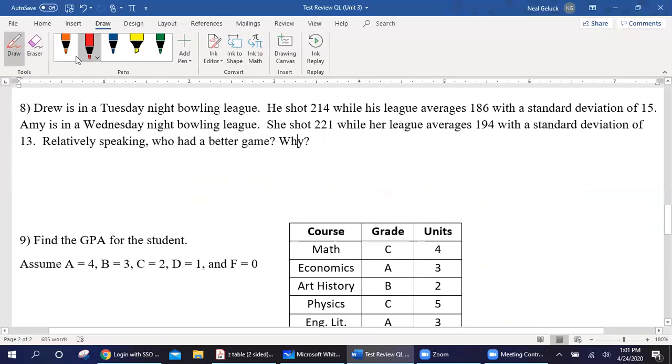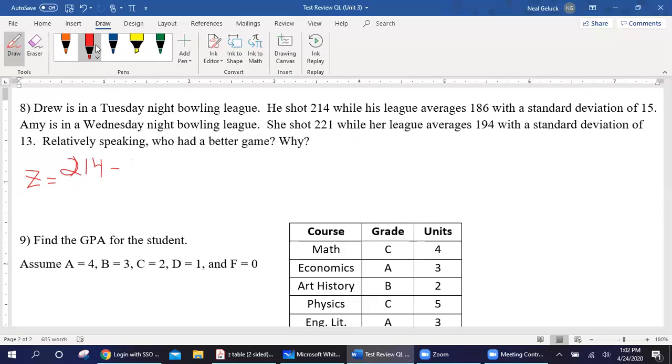For number 8, we're comparing bowling scores. We're going to be finding z-scores here. So for Drew, we take his score. He shot a 214.